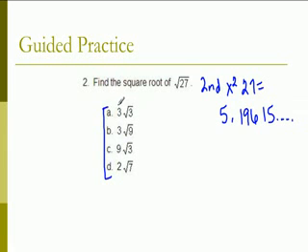So to do 3 and then the square root of 3, to figure that out, all you do on your calculator is type in the number 3, second x squared 3 equals.